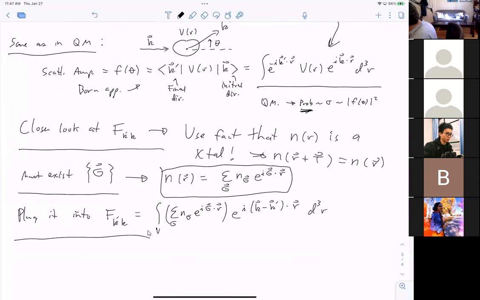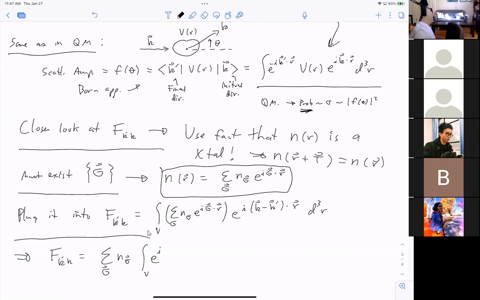Okay, and so then let's just do a little bit of math. Let's expand that expression a little bit, and pull the sum out. This is not being integrated over, so I can pull it out of the integral, and now the integral is an integral over volume of e.